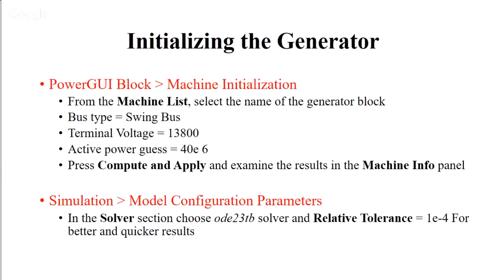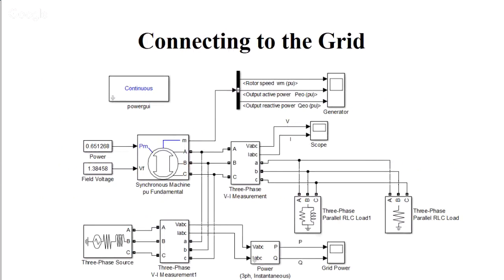The next one is if we want to connect our whole system to the grid. So we have a one per unit machine fundamental, and we have a three-phase source also there. If we are connecting a three-phase source, this three-phase source will act as swing bus or slack bus. And then we can select this synchronous machine PU fundamental as PQ bus or PV bus with respect to our requirement.